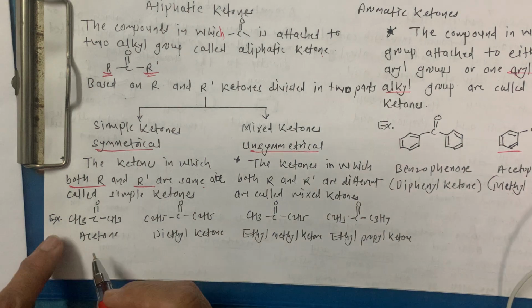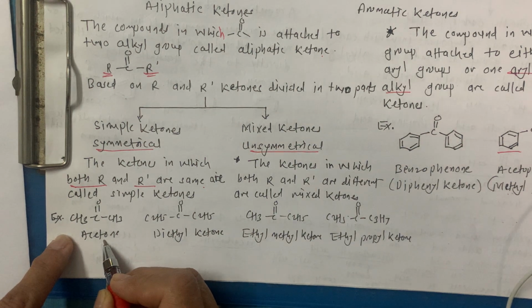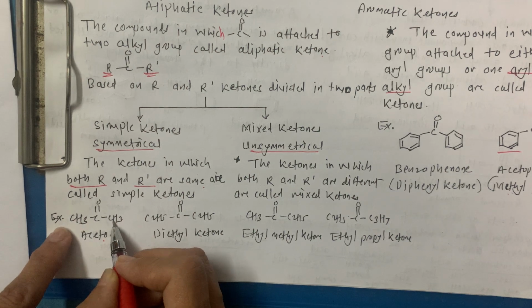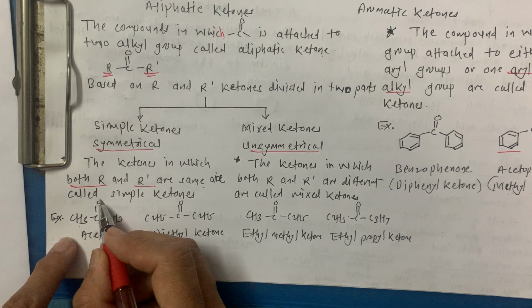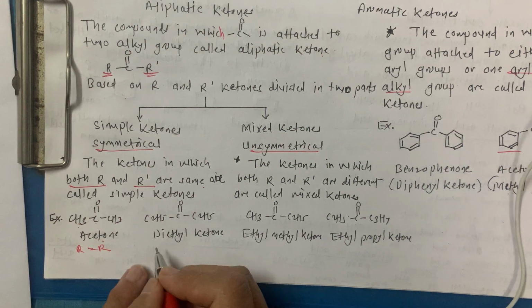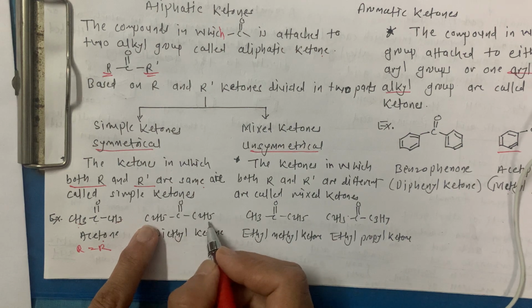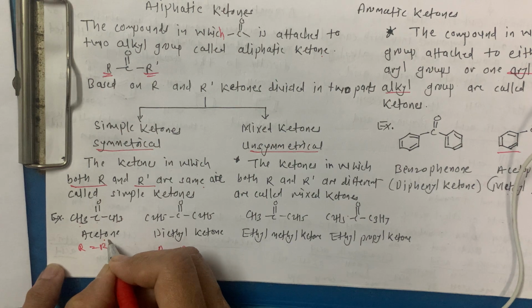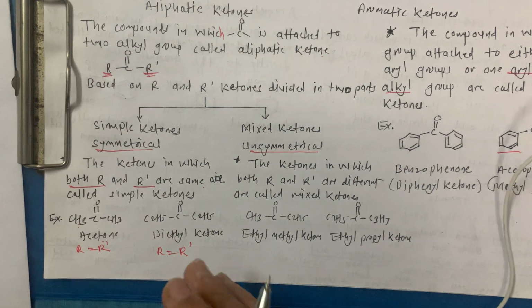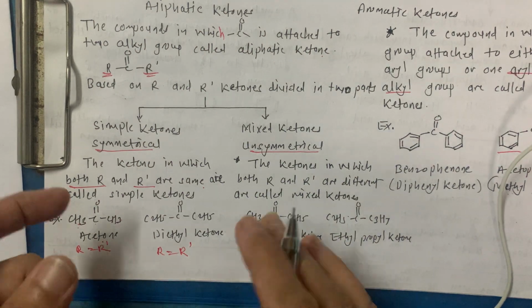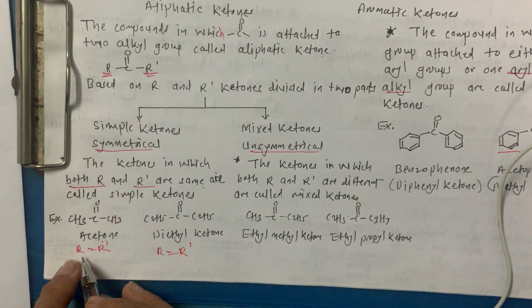See, for example, simple or symmetrical ketones, where R and R dash are the same. So this is CH3, C double bond O, CH3, R equal to R. Then here it is C2H5, C double bond O, C2H5. So this is R equal to R, or you may write R dash also for the other alkyl group. What does dash indicate? Since there are two alkyl groups, we have to name one something else.